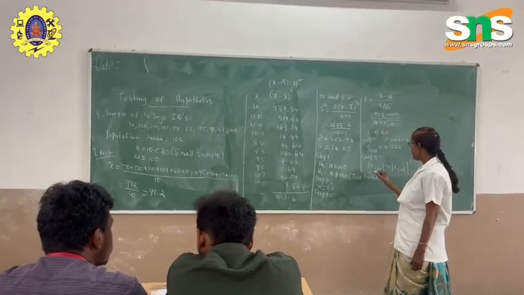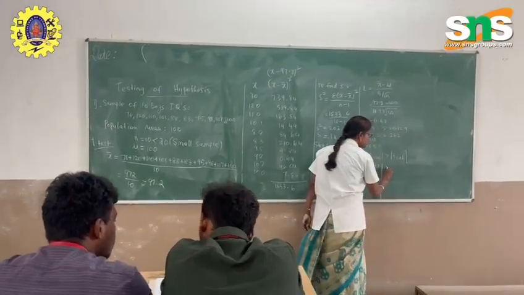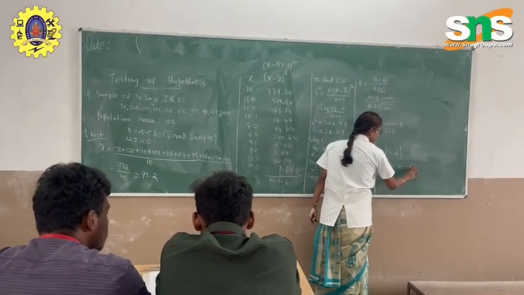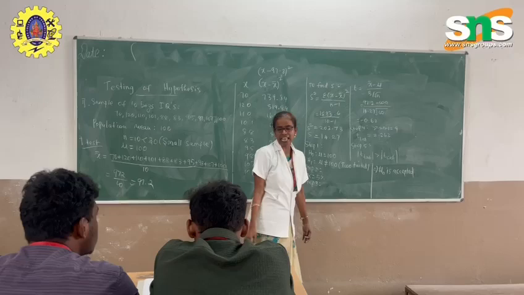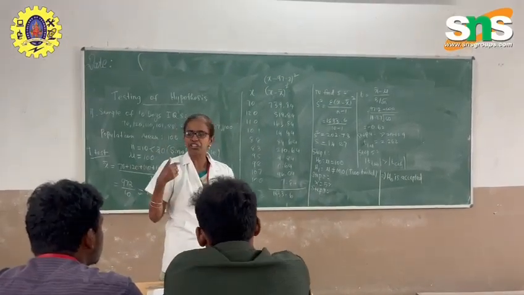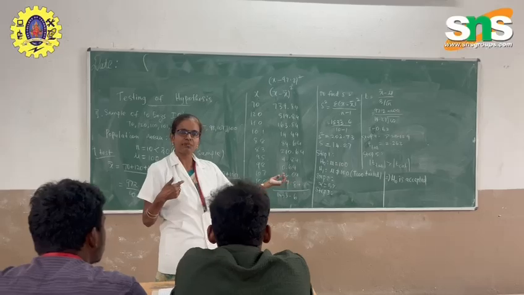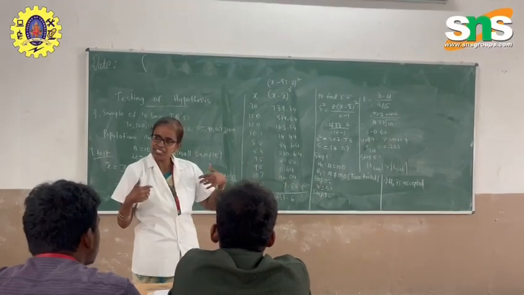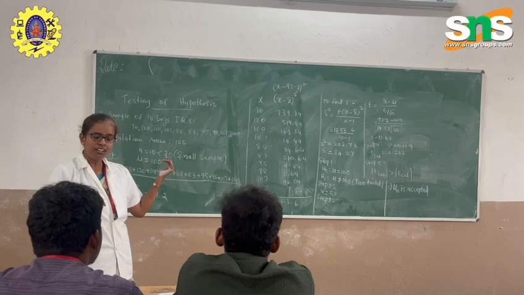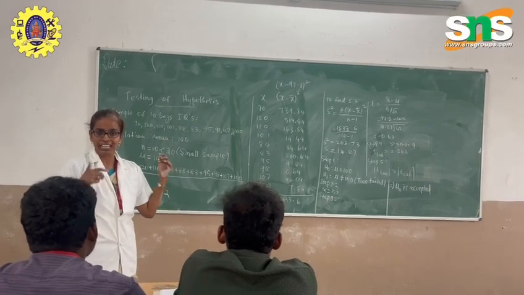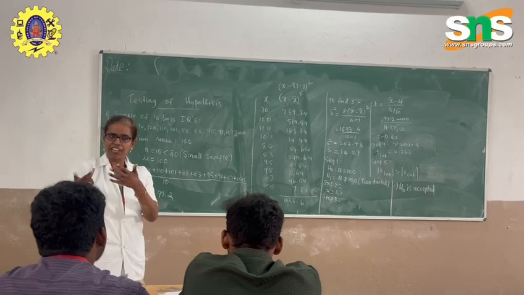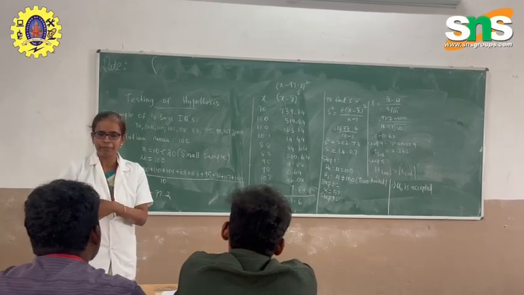From this we can say H naught is accepted. The table value is maximum compared to the calculated value, which means we accept the statement. So H naught is accepted, and from this we can say the population mean is 100. This is the way we solve the problem: we take one assumption, then through some methodology we verify whether it is true or false.